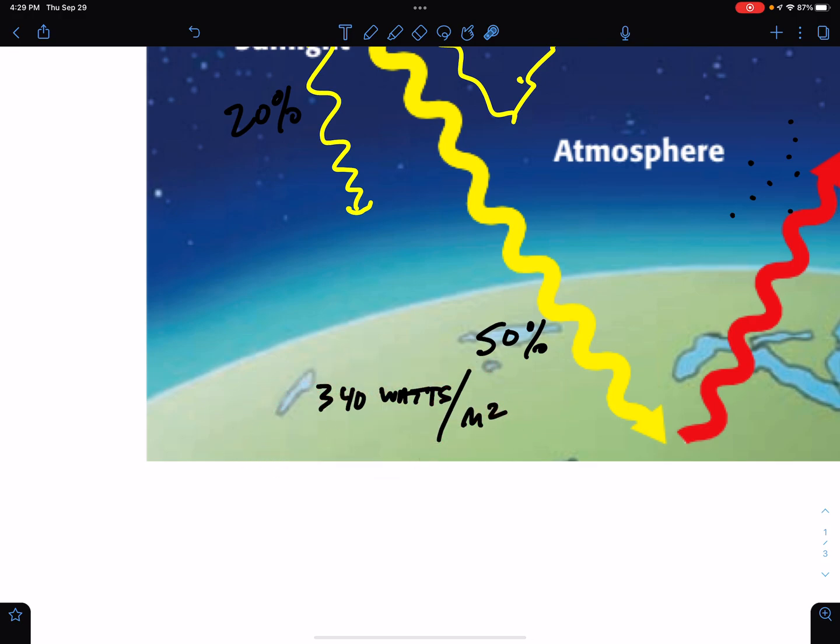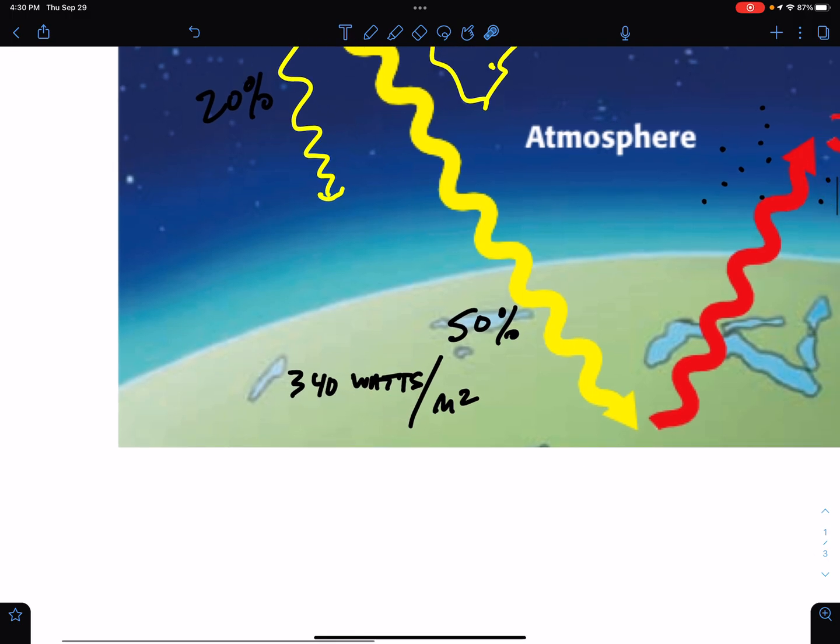So if we take the total Earth, some parts of the Earth are getting more sunlight than other parts. You know that from an earlier screencast. And obviously during the day you're getting more light than at night when you're not getting any light. But if we take all of that total sunlight over the entire Earth and average it out over a year, we find that every meter squared gets about 340 watts of sunlight all the time.